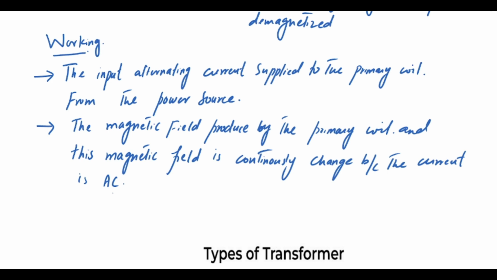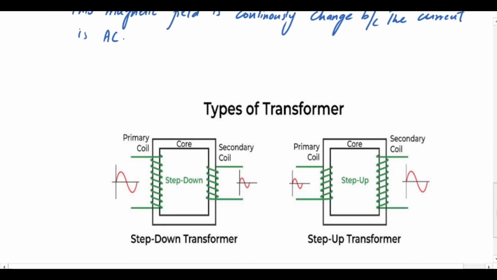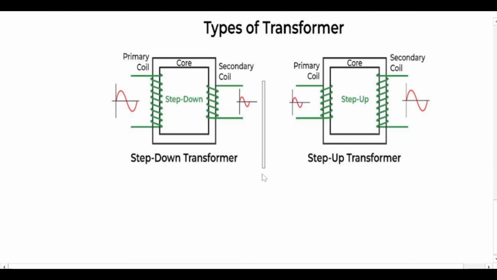So due to this change in magnetic field lines, because the secondary coil is placed very near to the primary coil, the magnetic field lines of the primary coil also pass through the secondary coil. That's why the EMF will be induced in the secondary coil also.